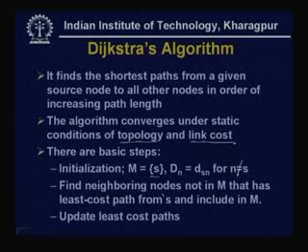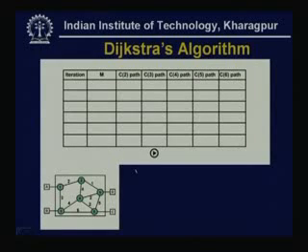Then find the neighboring node not in M that has the least cost path from S and include it in M. In this way, in an iterative manner, it will choose a particular node, include it in M, and update the least cost paths. Let me illustrate this with the help of an example.